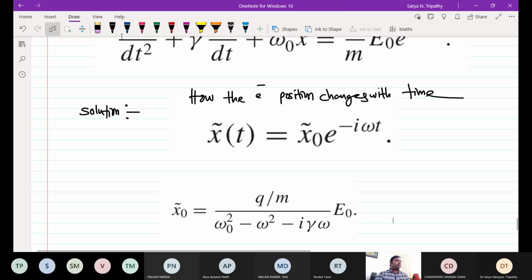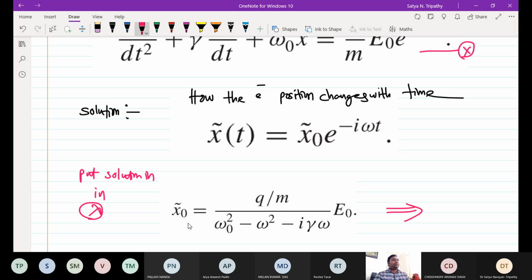Put the solution in this equation, this is x, I write it in x. So you will get this much. Okay. Basically, this is the amplitude, because this is the solution, and here if we put that, we can calculate this one.